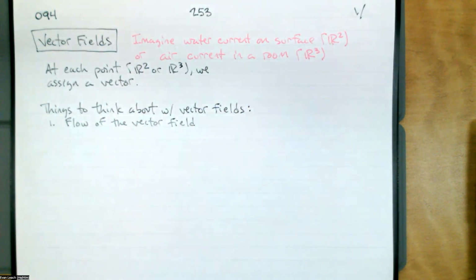If we just drop a leaf on the water, or if we imagine a mote of dust floating about the room, what path would that leaf or that mote of dust take as it just follows the vectors around the room? So what path will a mote of dust take as it just follows the vectors along the surface of the water or around the room?